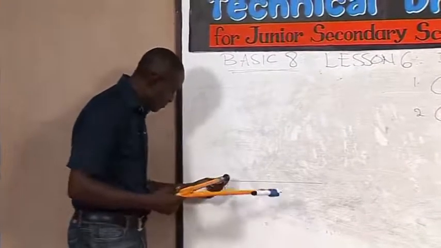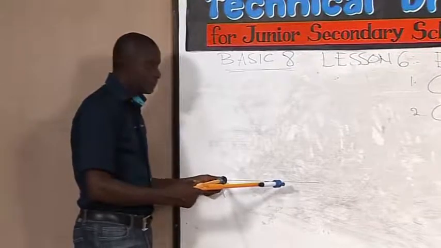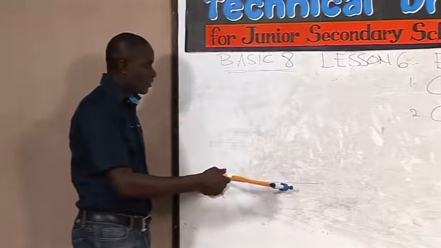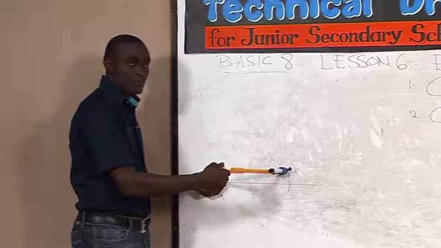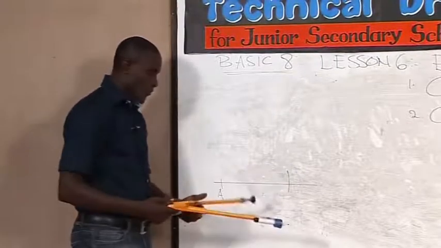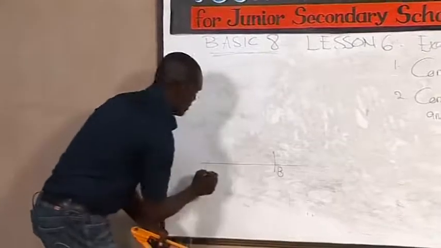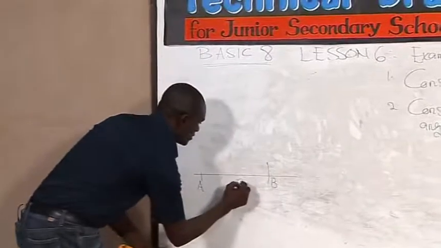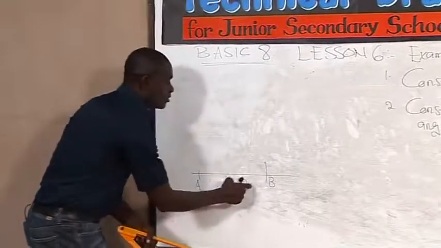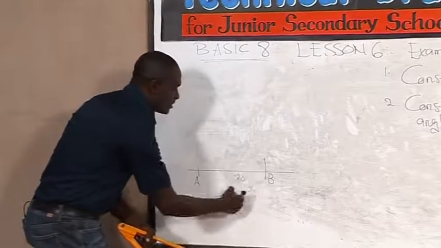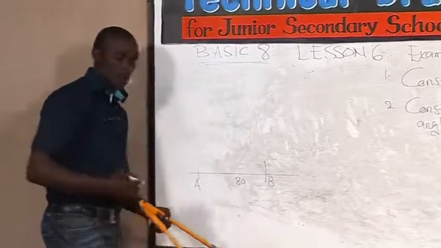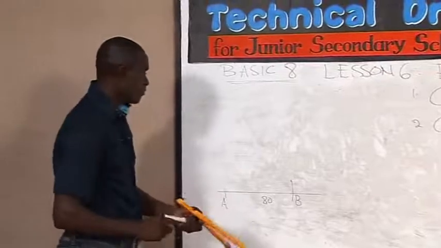Put your needle there. Then, cut the straight line. You see that? When you cut that straight line, call that place B. AB is how many? 80 mm. Like I told you, don't continue repeating mm. Your work is going to be soiled.